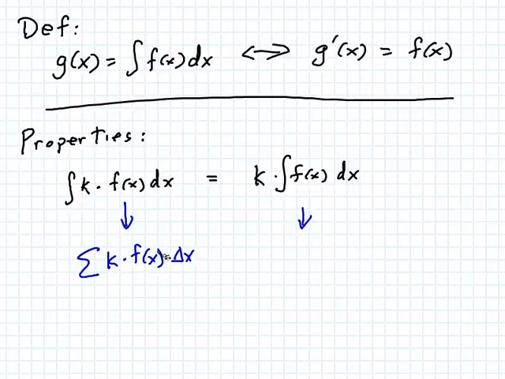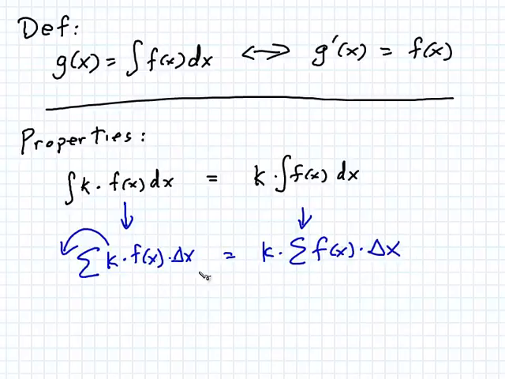So this is like a bunch of terms added together, and each of them have a common factor. You know from the distributive law, or the extension of the distributive law to many terms, you can pull out the common factor to the outside of the sum. Okay, so this is going to be equal to k times the sum of what's left, which is f of x times delta x.